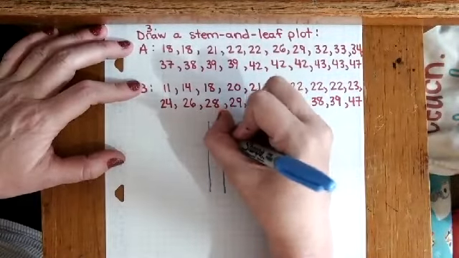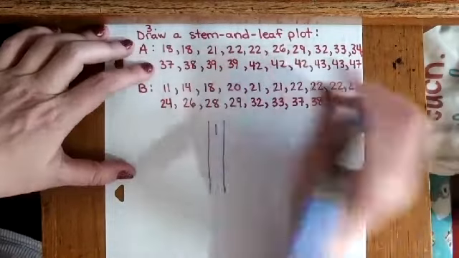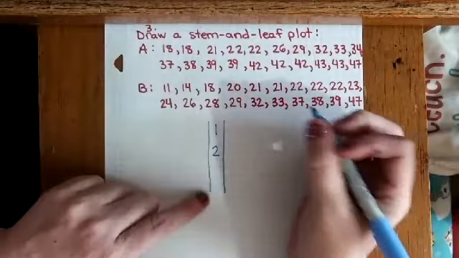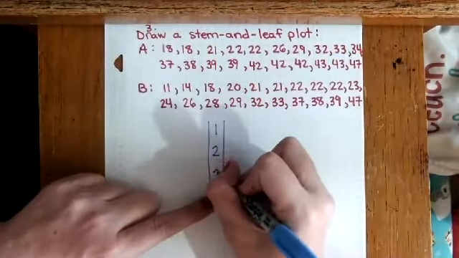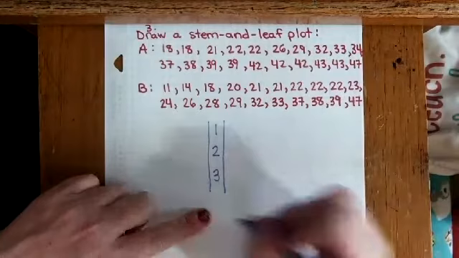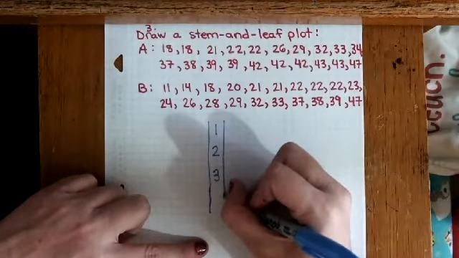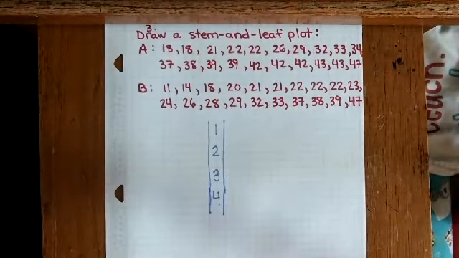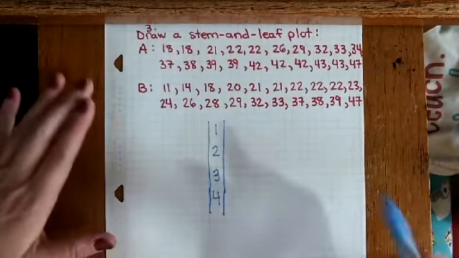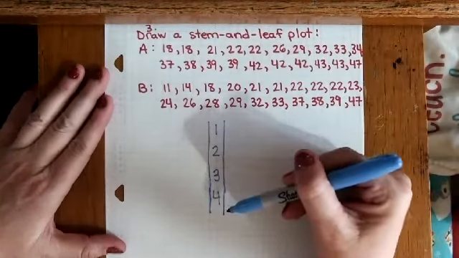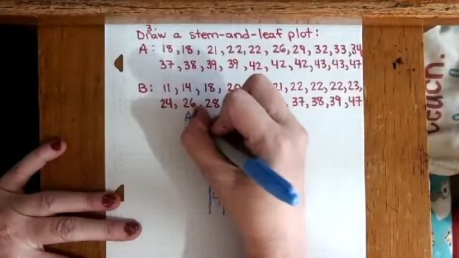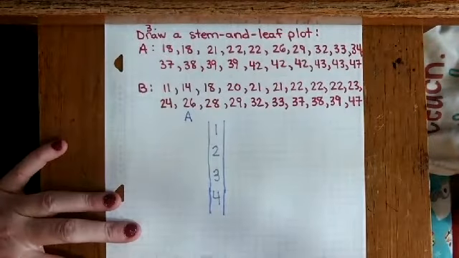So the tens, the 20s, the 30s, and the 40s. So the stem will be the tens data. We'll plot the information for A on the left-hand side.